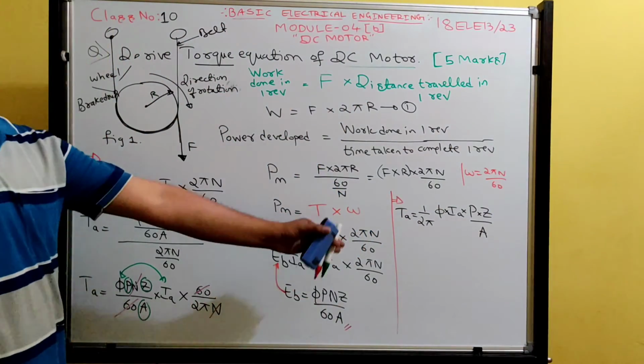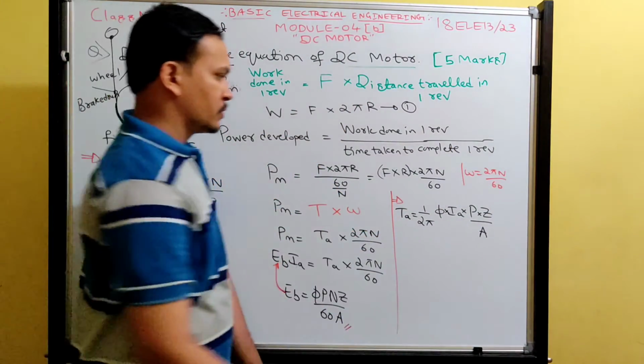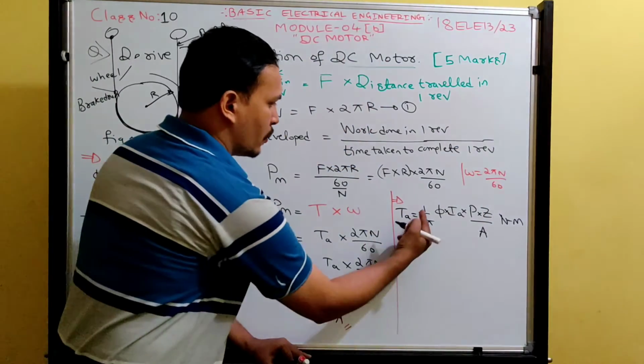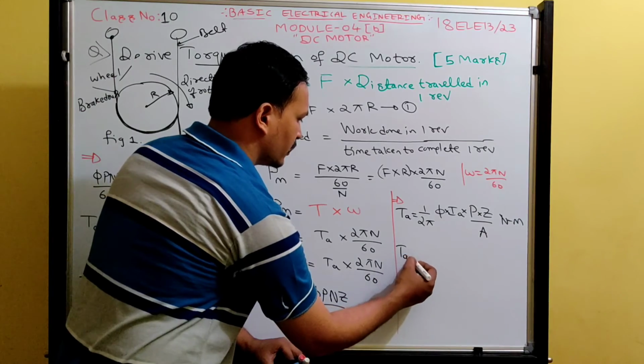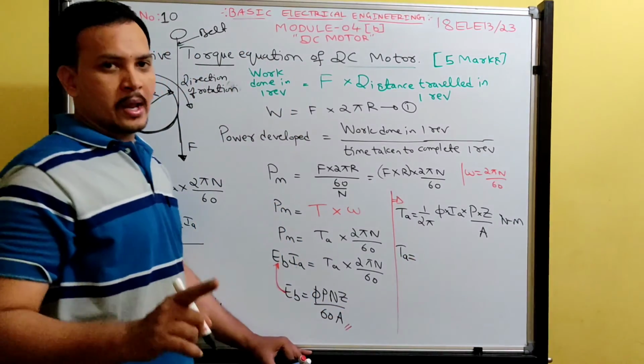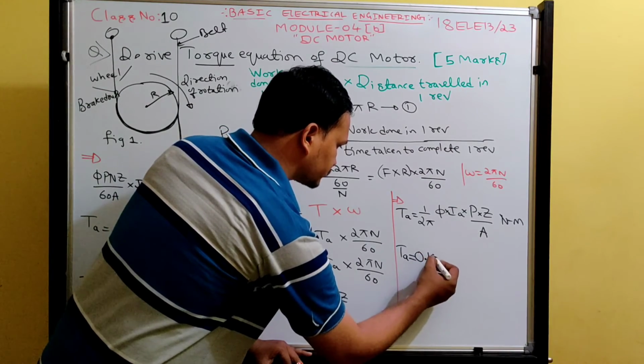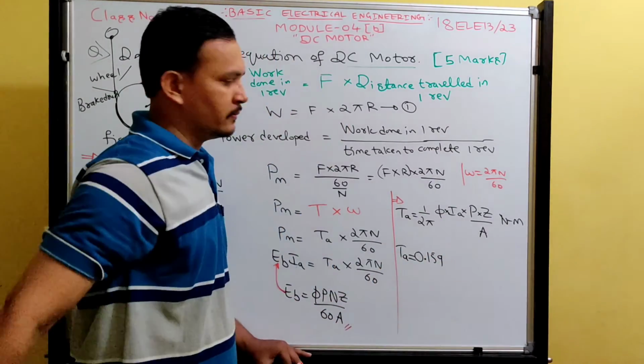So this is the torque equation. The unit of torque is Newton meter. Now what is 1 by 2 pi? Do it in calculator, 1 divided by 2 pi gives a numerical value 0.159.